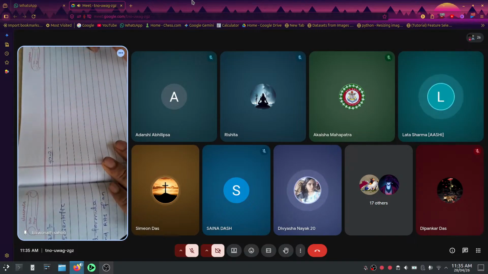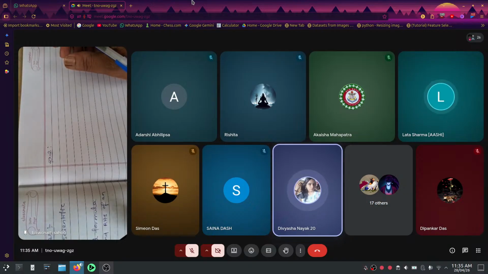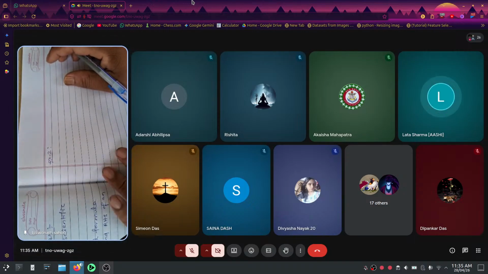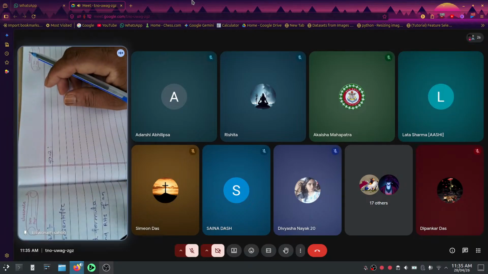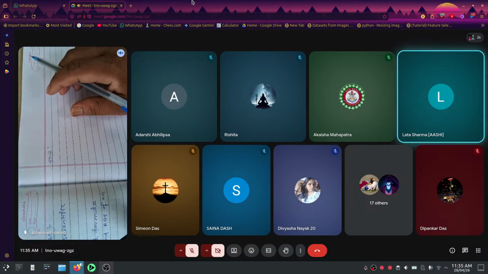Sir, v square minus u square. Hmm, v is equal to u plus at. Another one is telling F is equal to ma. This is so simple. E is equal to mc square.